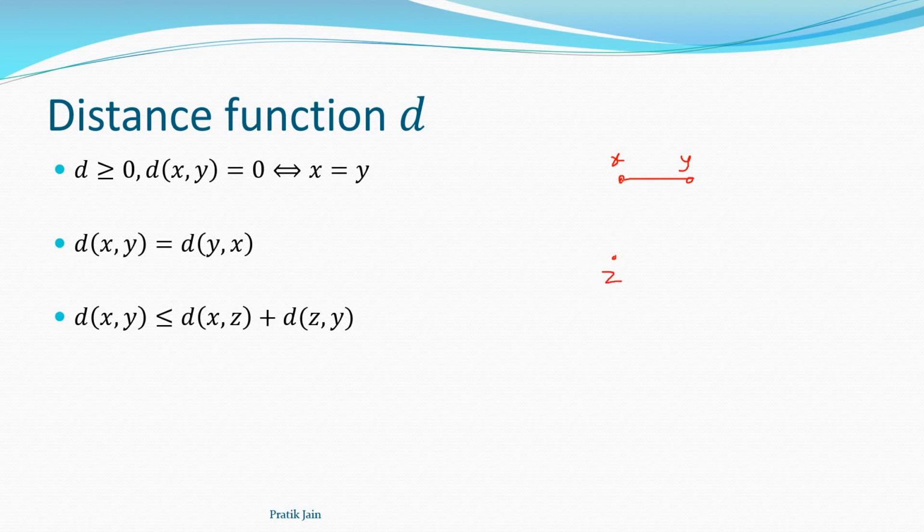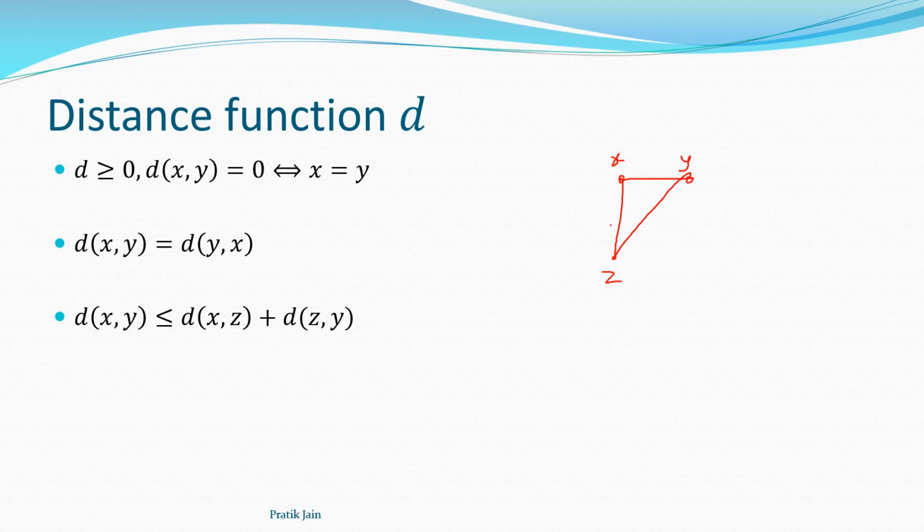If I go from x to z and then from z to y, this distance should always be bigger, which makes sense, right? If you are going a longer route, this is the shortest path, and this should be longer if you go through something else.